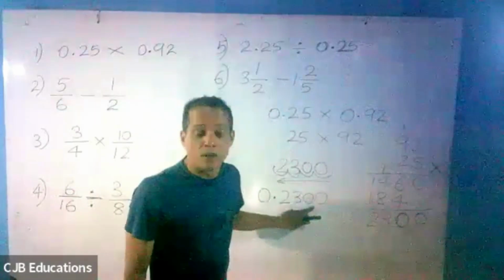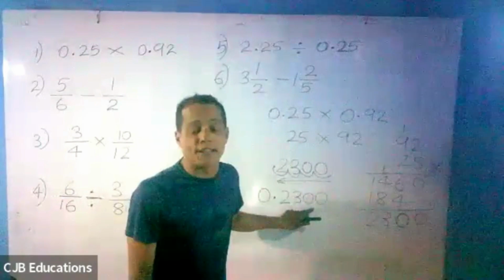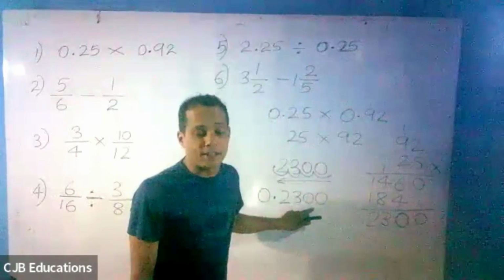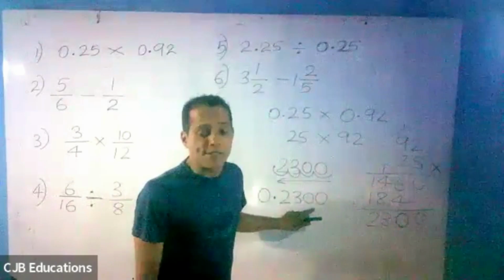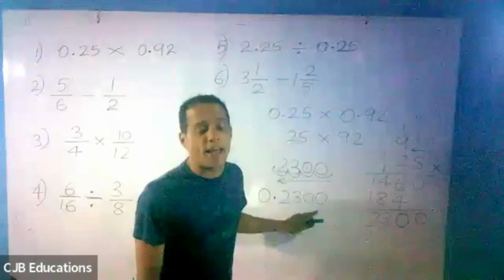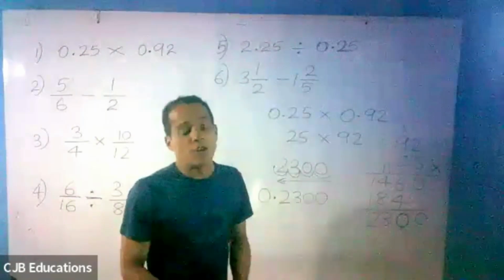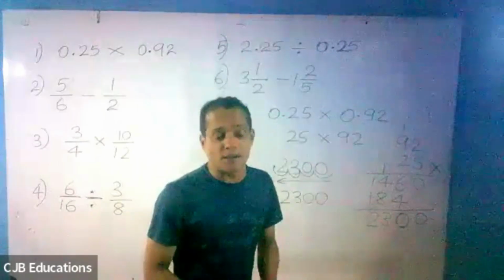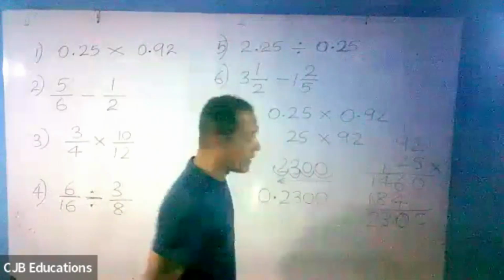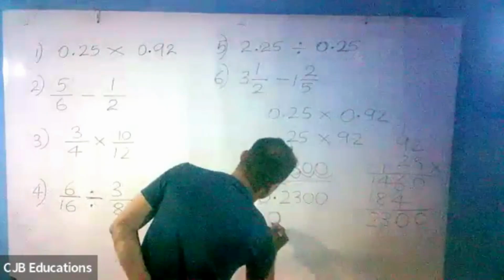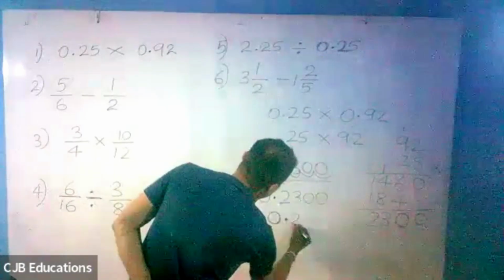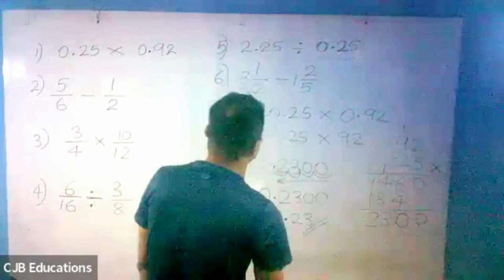No need to keep them, as for a nursery kid. You can remove them. There is no value from them. Then we can write down the final answer 0.23. That is the final answer of that first question.